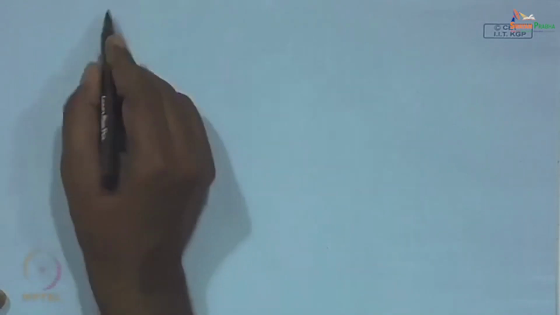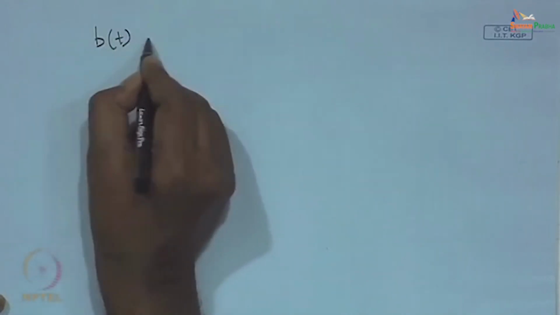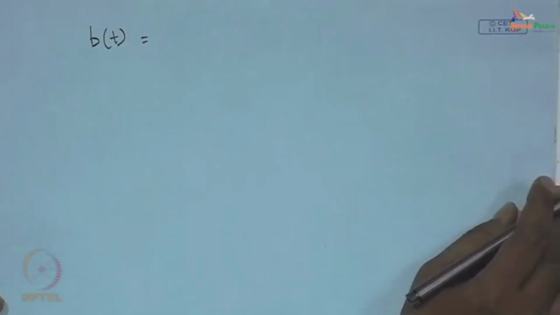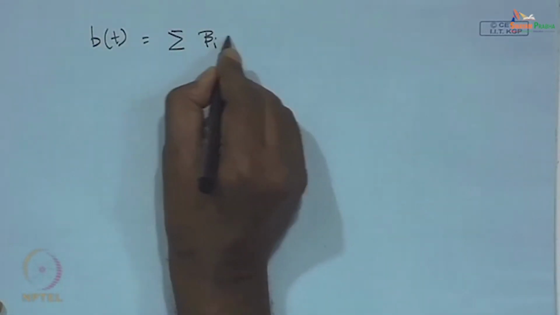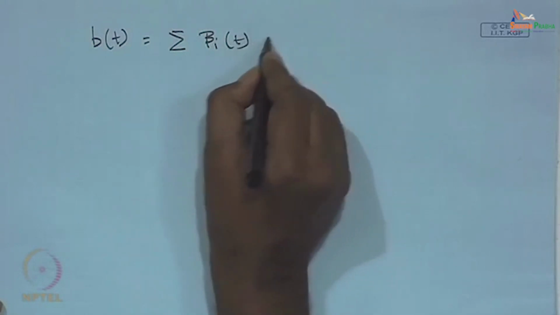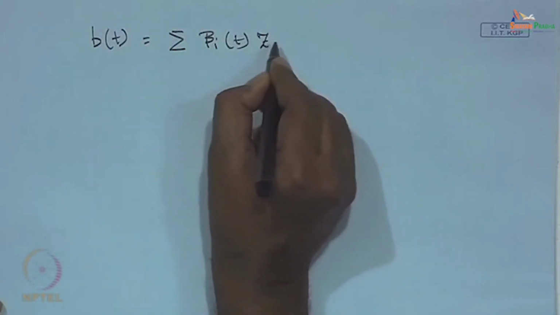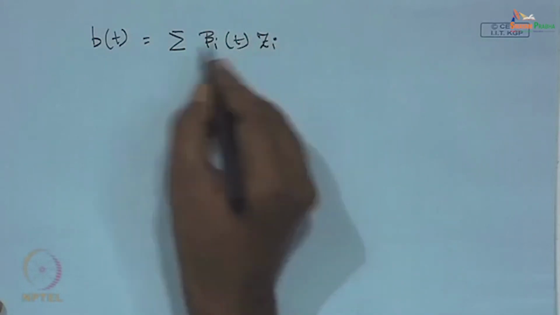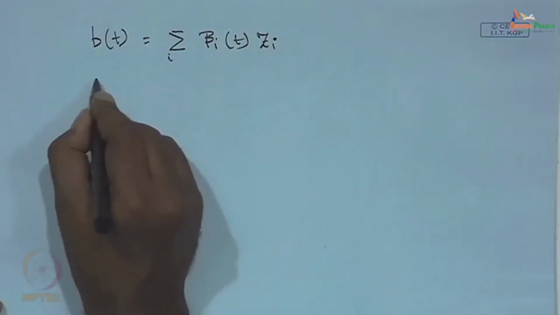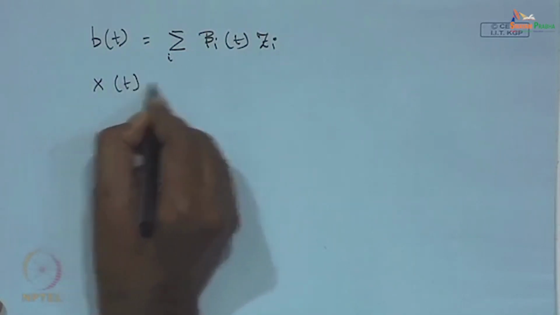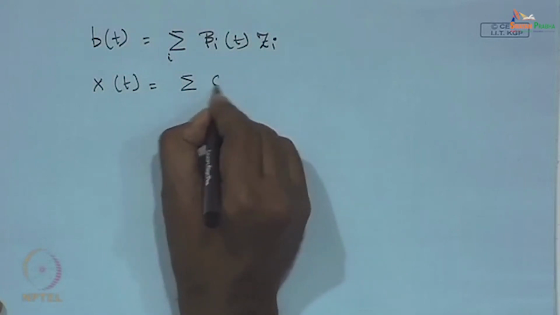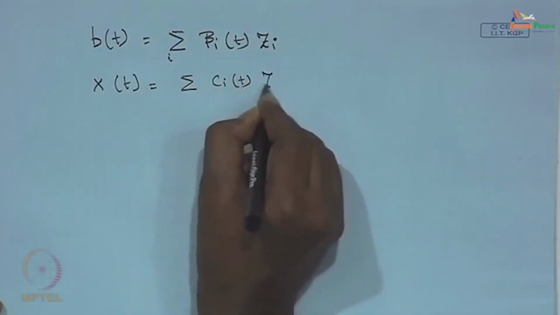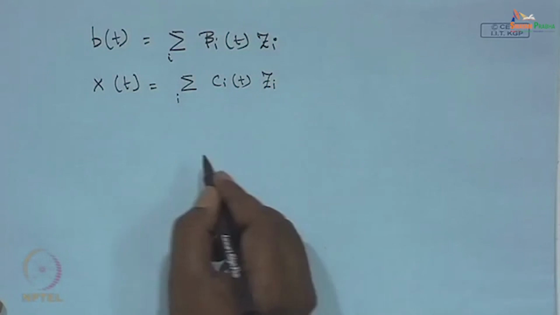Now, we assume the vector b(t), which is a function of t, is expressed as a linear combination of the eigenvectors z_i, with coefficients beta_i, and the solution x(t) is also expressed as a combination of these eigenvectors z_i.